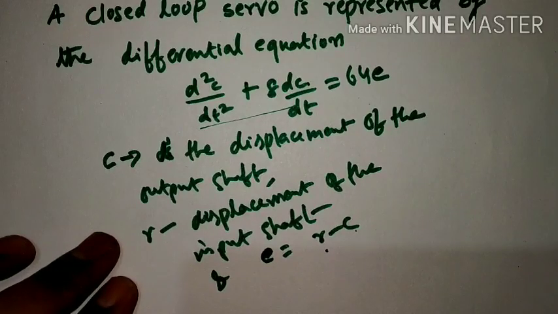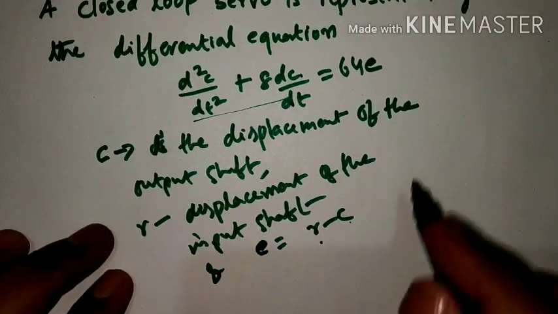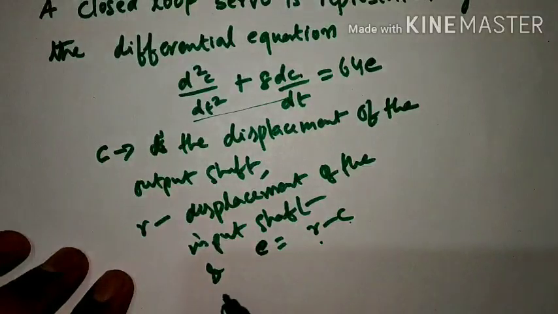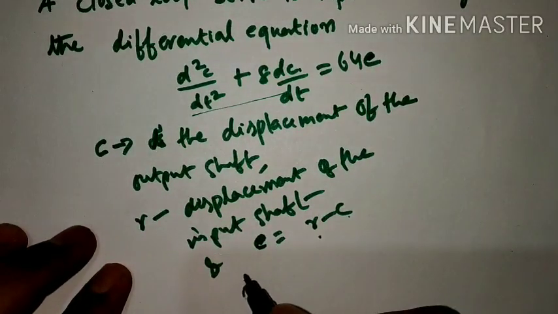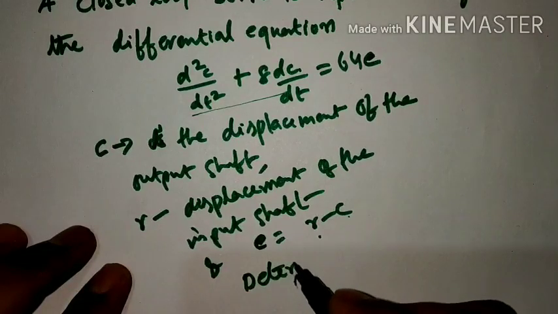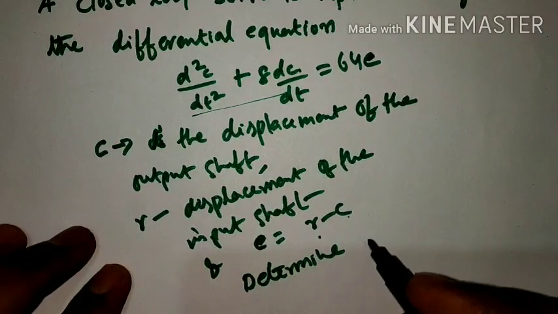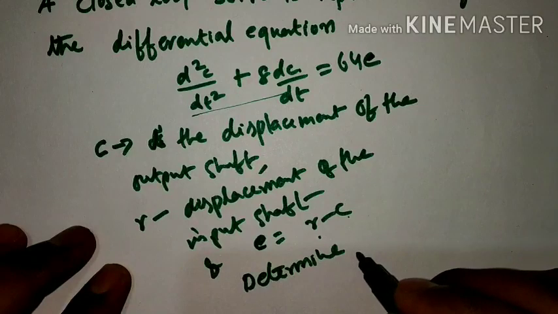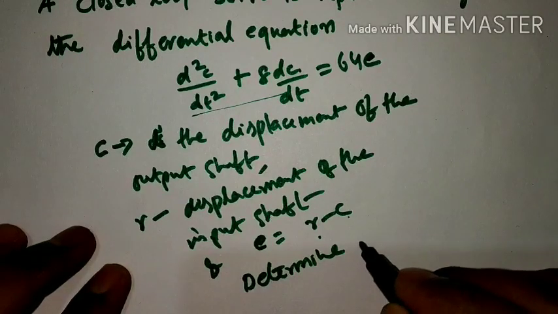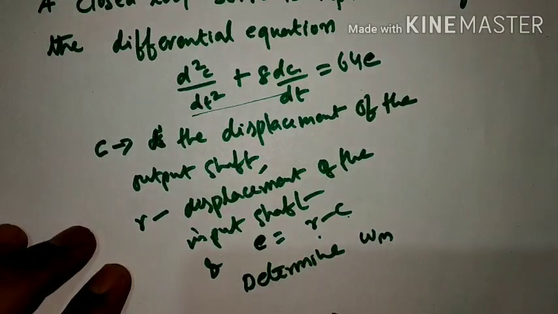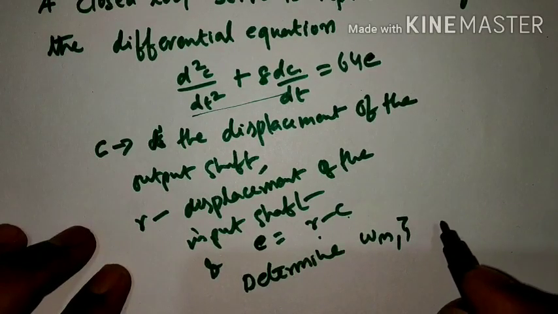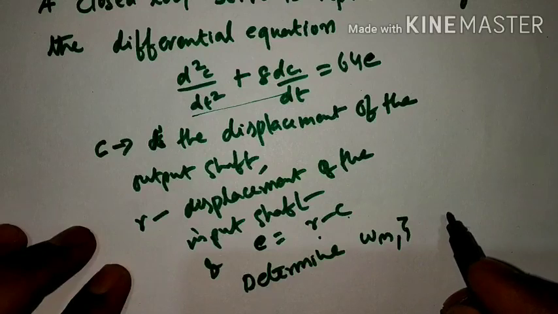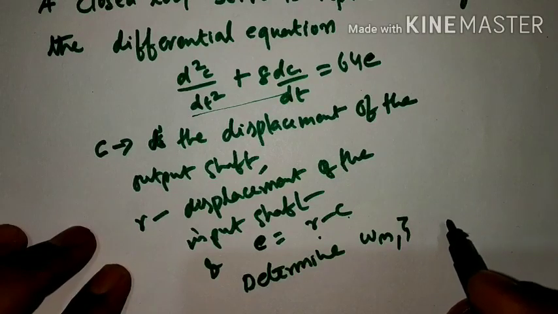So what do we have to determine? Here the question is to determine the undamped natural frequency, omega n, the damping ratio, and the percentage of maximum peak overshoot for unit step input.